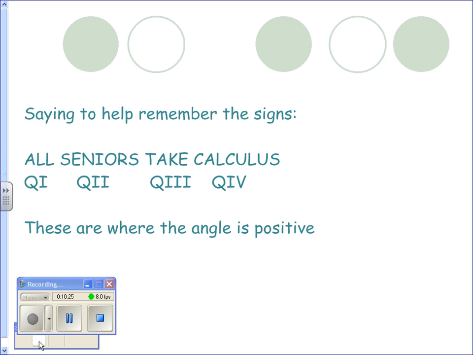Here is a thing that will help you remember the signs: All seniors take calculus. All smarties take calculus. Amazing seniors take ASTC. I'll get to that in just a second. Write that down first.